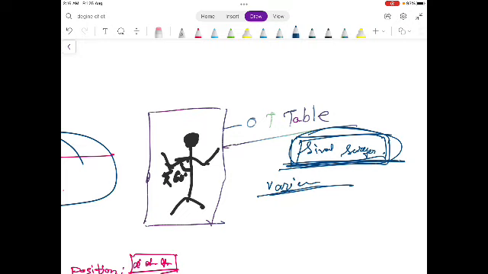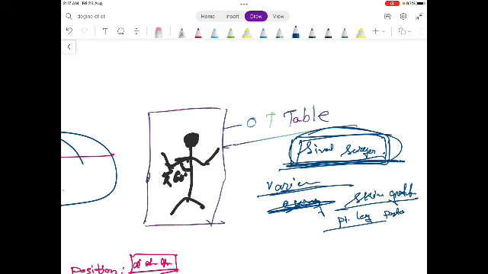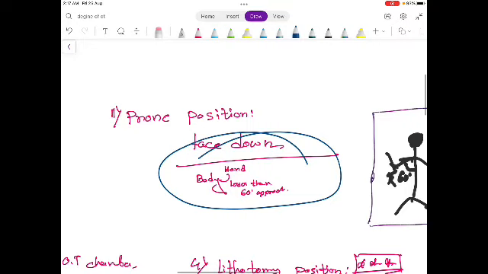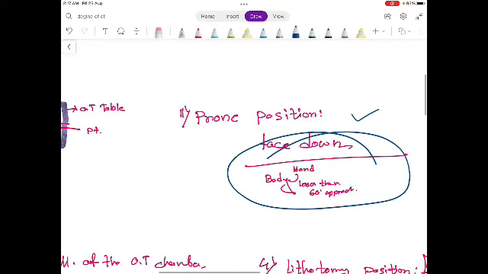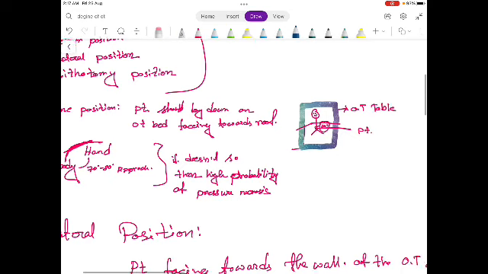That is, if you have to take a skin graft from the patient's leg, from the posterior side, then the patient should be positioned like this. So we have completed the prone position too.